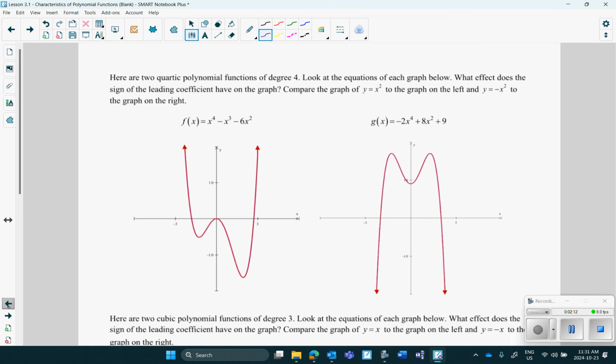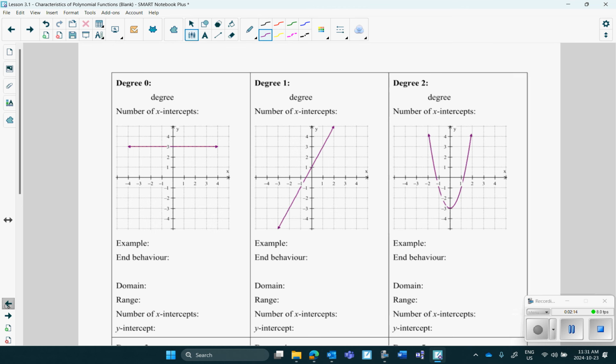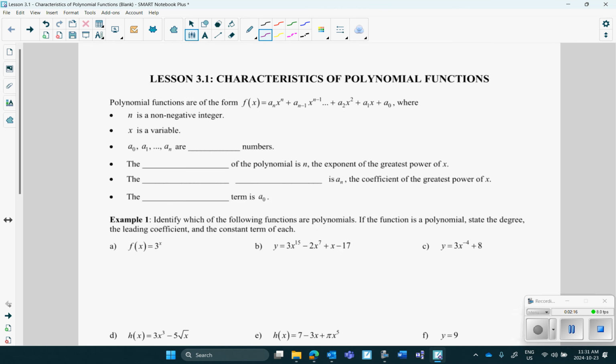The only thing I want to talk about today in this lesson is just basically some vocabulary and what certain polynomial functions look like. So if we want to get really mathy, this is how a polynomial function would be expressed.